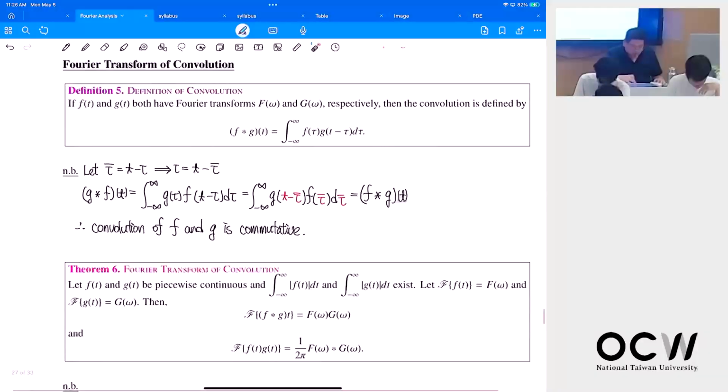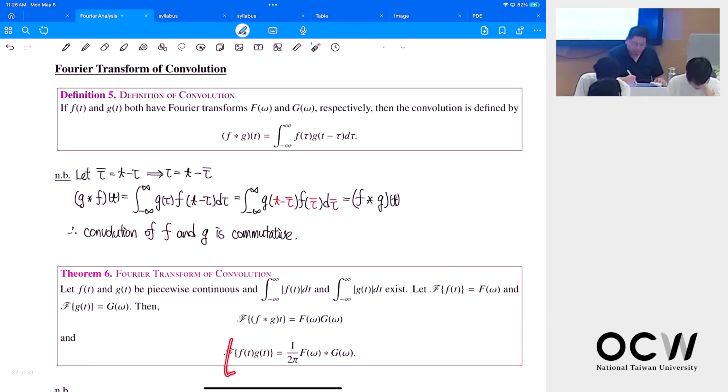Therefore, for the Fourier transform of the convolution: if I have a convolution in the time domain, then in the frequency domain there will be multiplication, which is the duality. If I have a multiplication in the time domain, what happens in the frequency domain? I have a convolution.